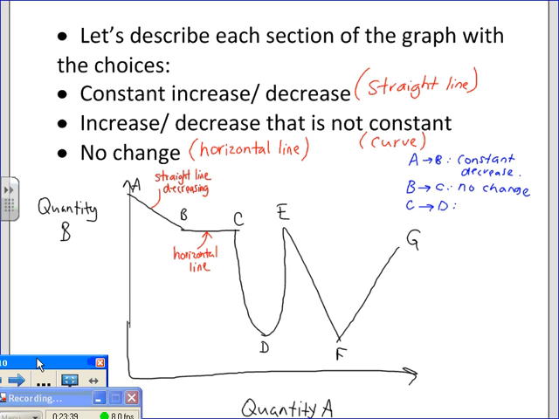From C to D, we're going down a curve. So this is not straight, this is a curve. And it's decreasing because it's going down. So from C to D, I can say that this is decreasing. Quantity B is decreasing, and it's at a not constant rate.